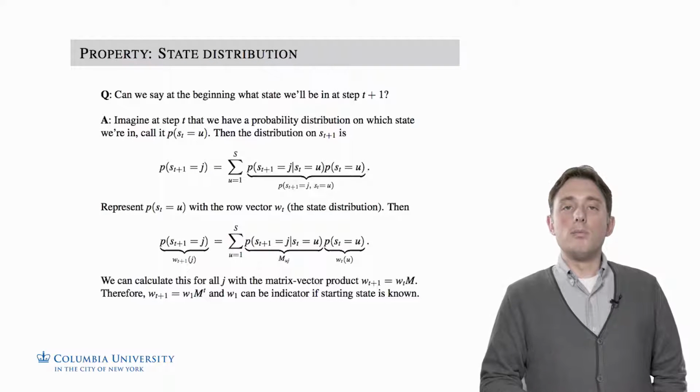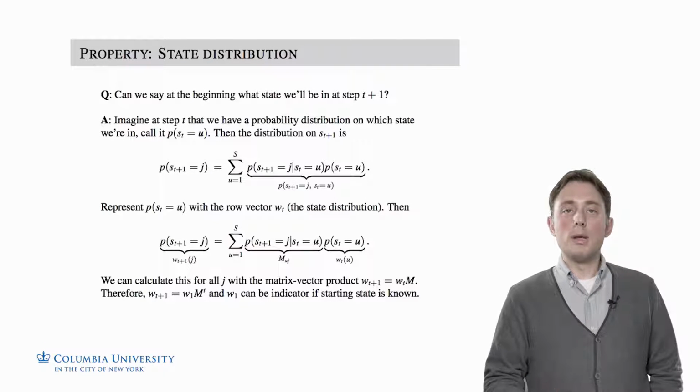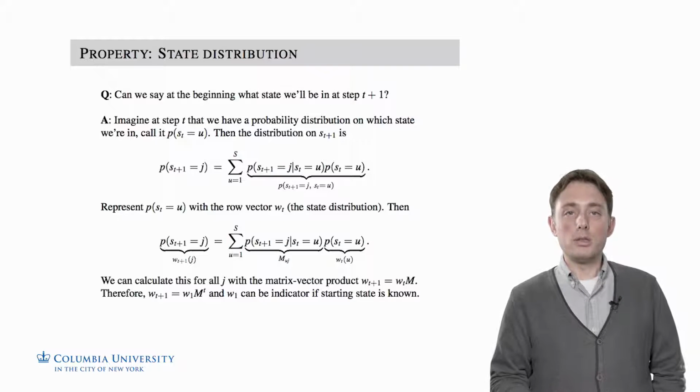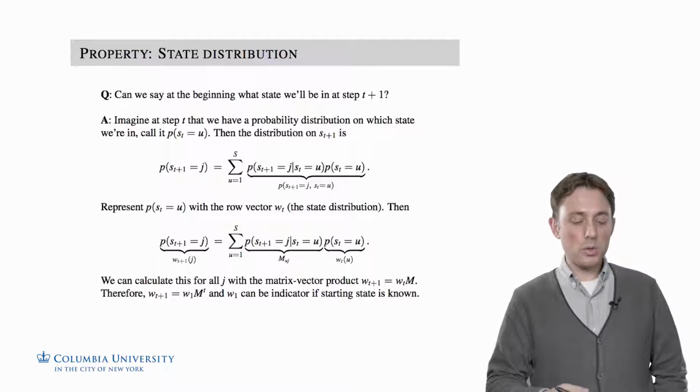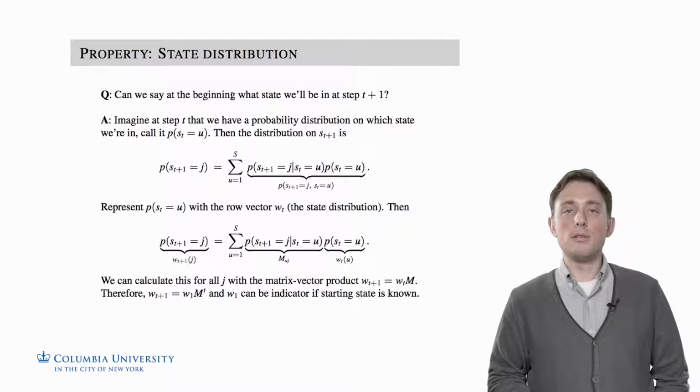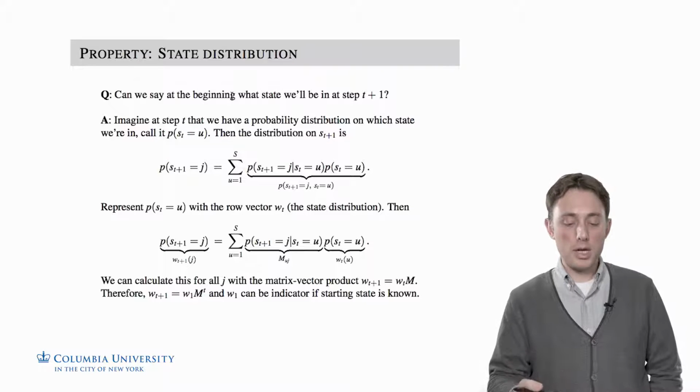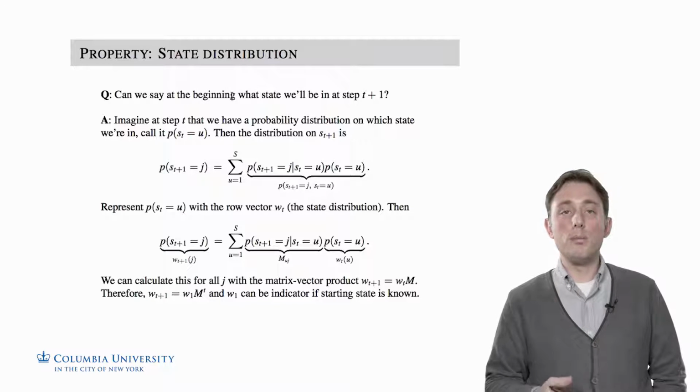So now let's look at some more fundamental properties of Markov chains. And we're going to ask some questions. First, can we say, at the beginning of generating data from a Markov chain, which state we're going to be in at time t+1?